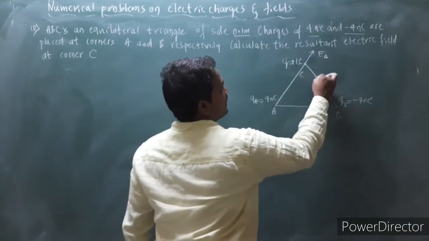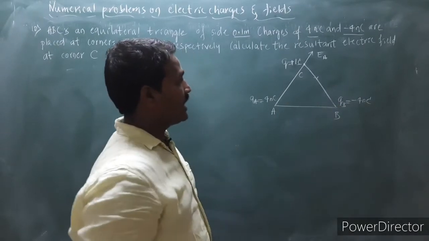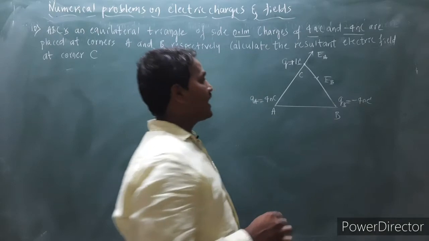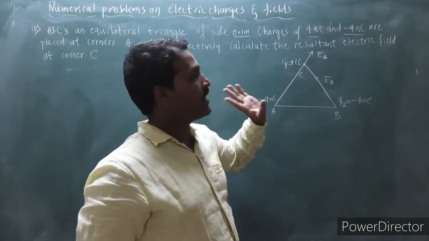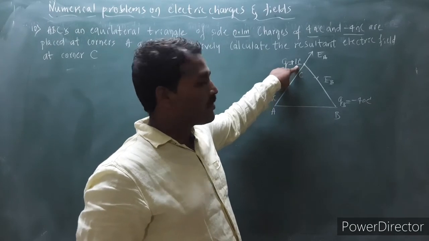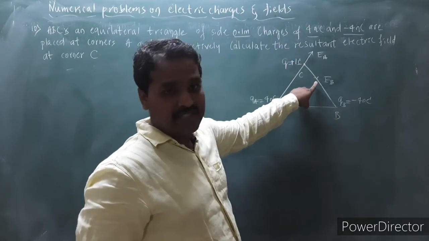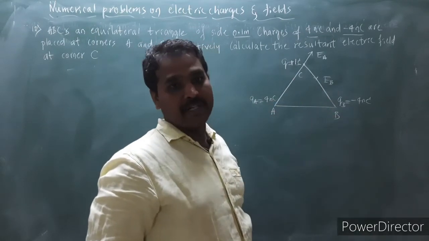The test charge will move towards QB, and I will take this as the direction of the electric field at point C because of source charge QB. So at point C I have two electric fields, EA and EB, because of charges QA and QB respectively.